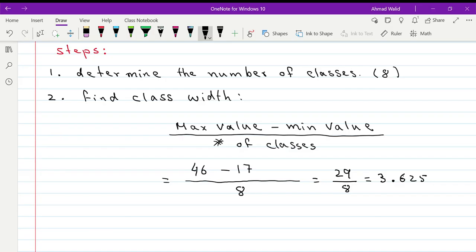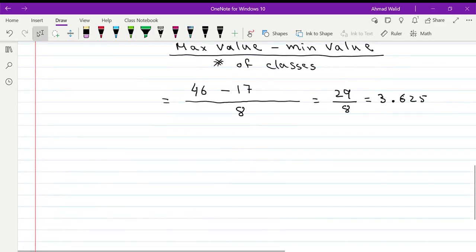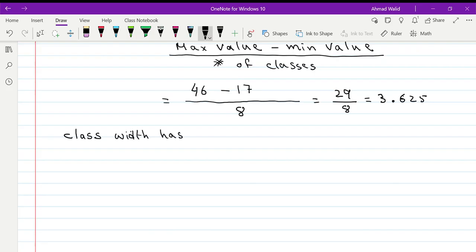Now, a small note here for you to follow. Class width has to be a whole number. For example, 1, 2, 3, 4, or no decimal, correct?